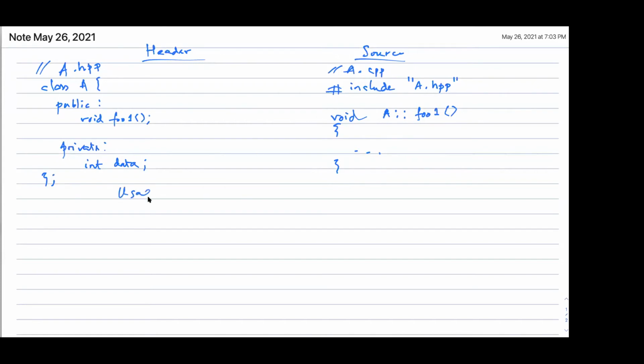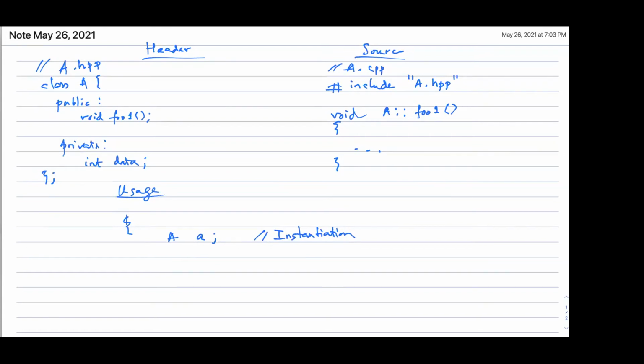So what should be the usage? The usage would be somewhere, maybe inside the main function or inside some other function, you can say A a. So this is essentially called instantiation. So this is your object. This is the class, so this is the type of the object, and this is the object.